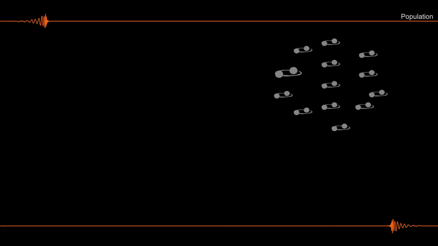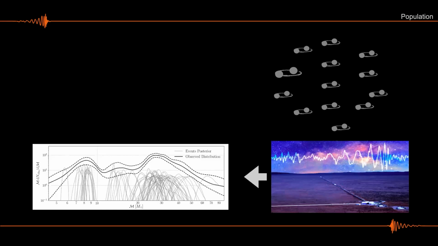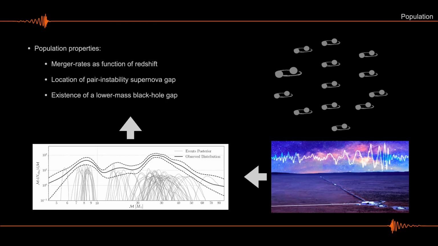So once you have many events, you can try to play a game in which you say, okay, what's the population behind those events? And this game has already been played with gravitational-wave observations, so you can have a family of detections that your detector is observing. You collect your estimates, for instance, for the masses, and that tells you what the actual distribution of the masses is within that black hole population responsible for the events you see.